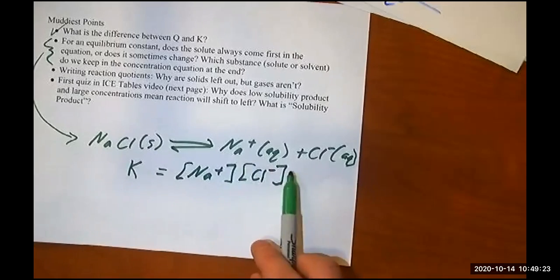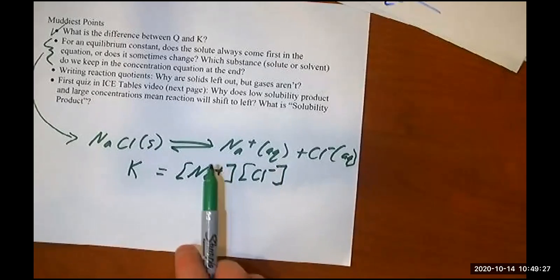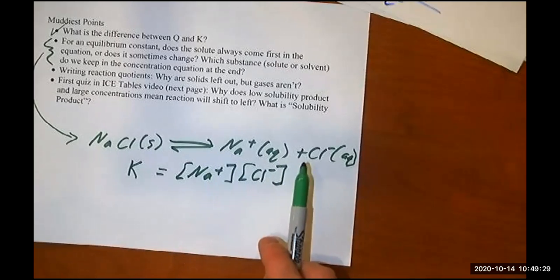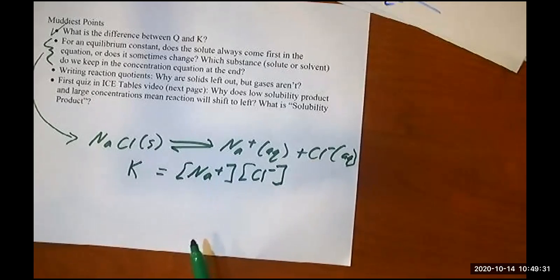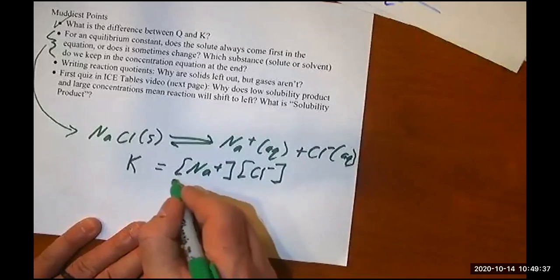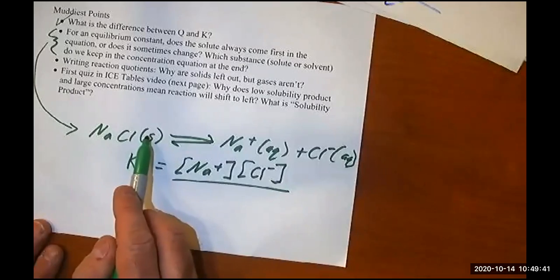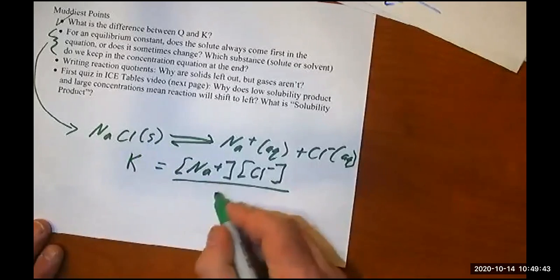What powers do we put these to? 1, correct, because the stoichiometric coefficient of sodium and the stoichiometric coefficient of chloride are both 1. The chat also says put a 1 on the bottom because this is a solid, so it doesn't factor in, so just a 1.